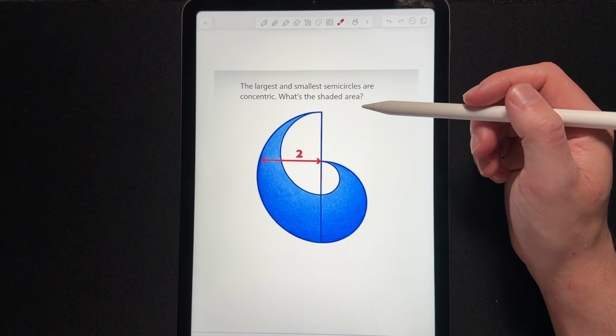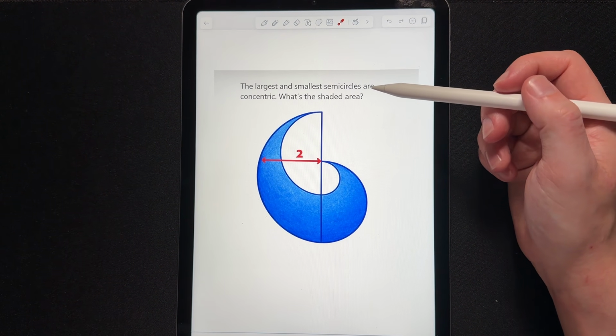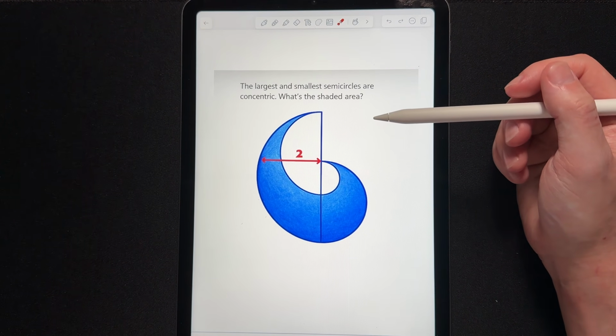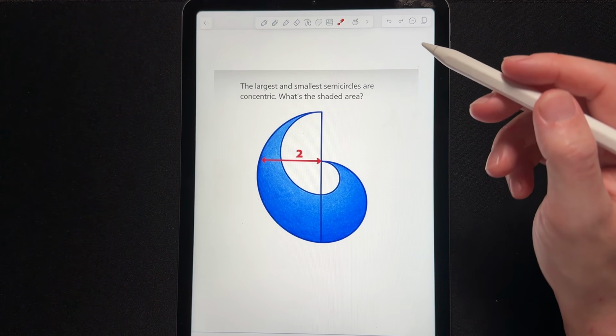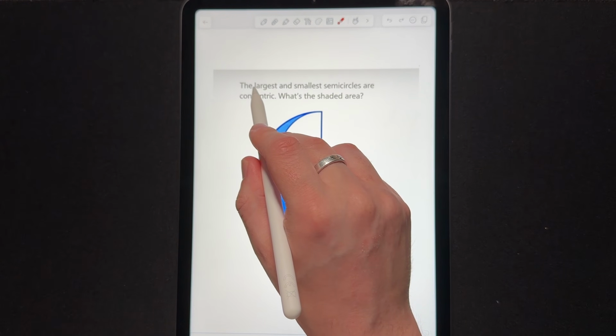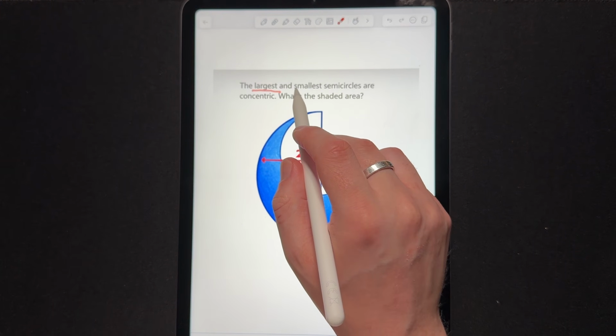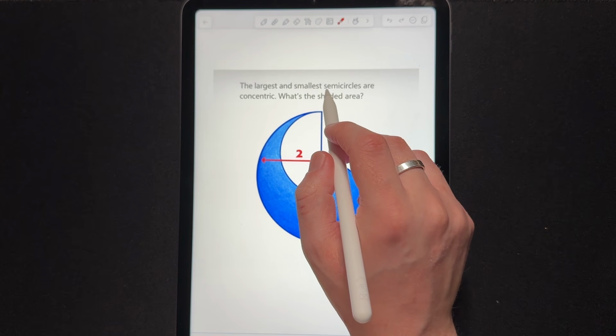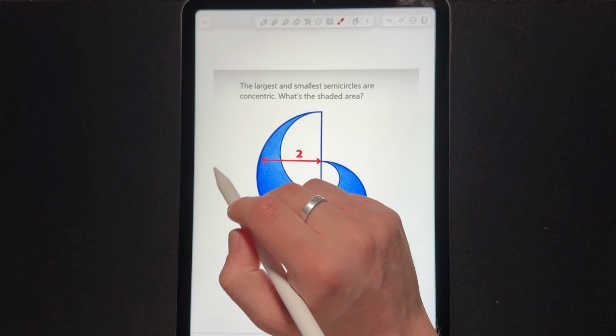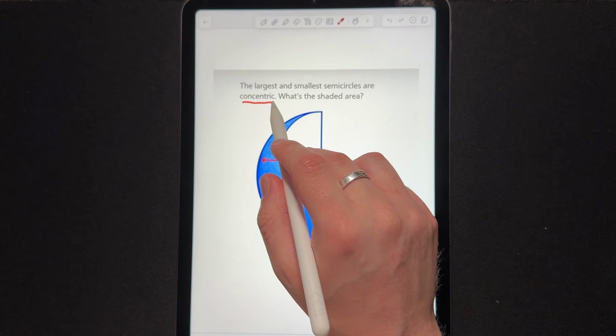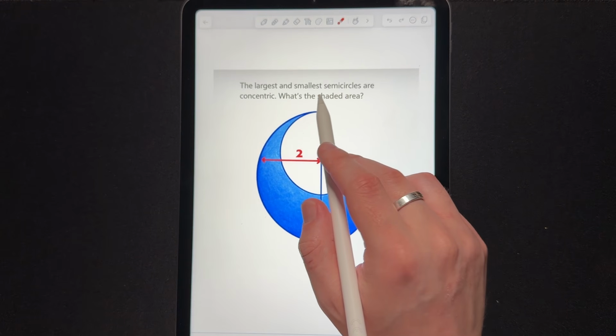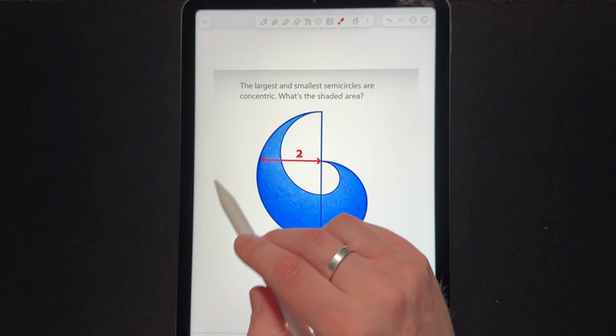This problem is a pretty neat geometric problem, as you can see. And in this problem we are told that the largest and the smallest semicircles are concentric. What's the shaded area?